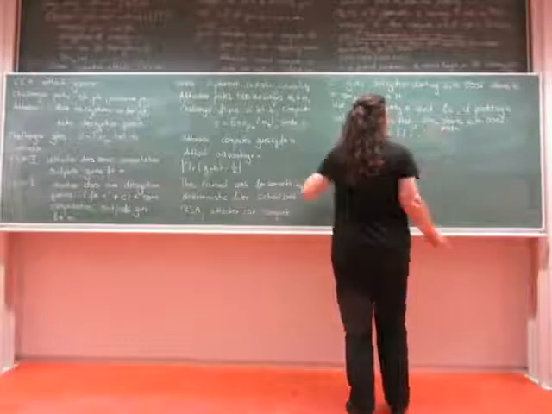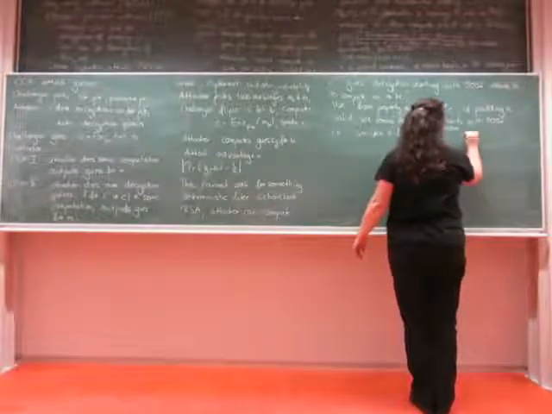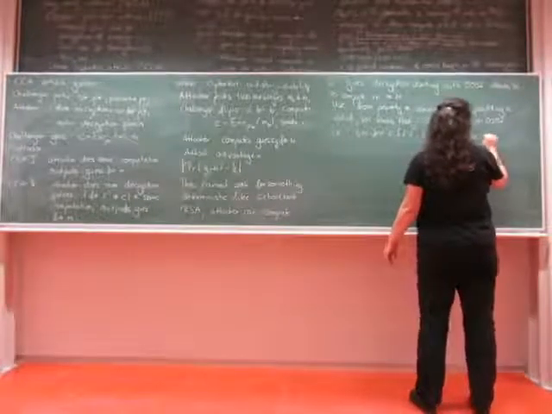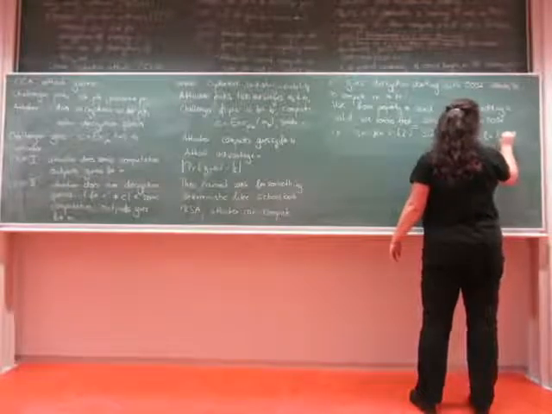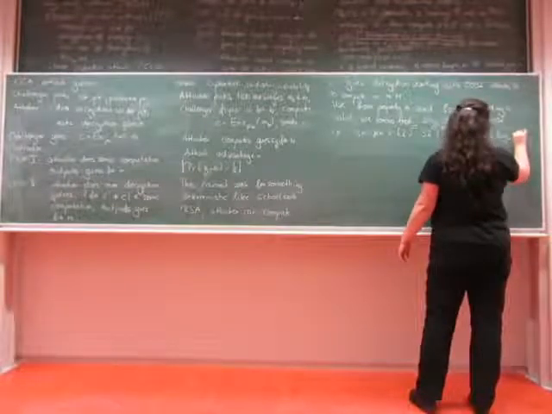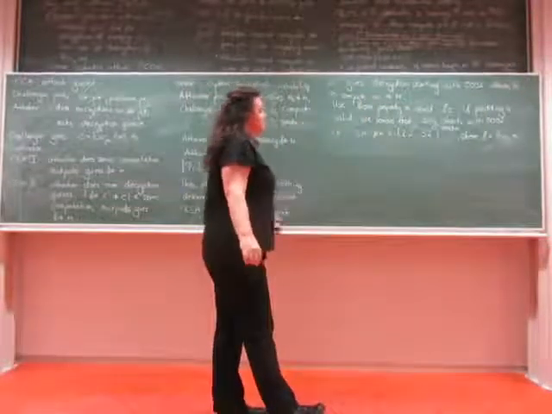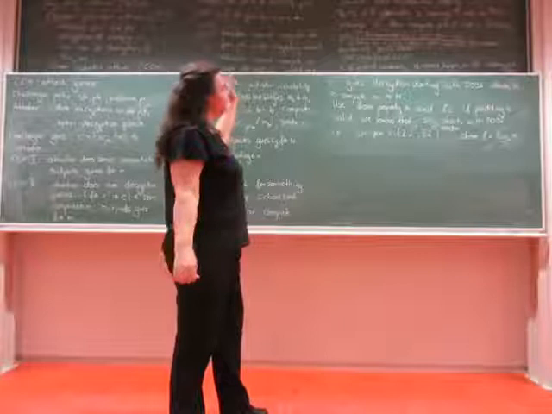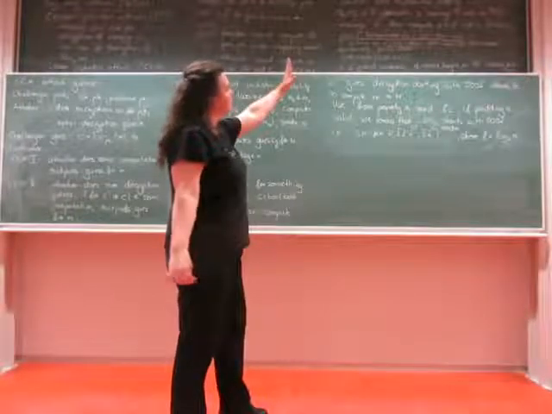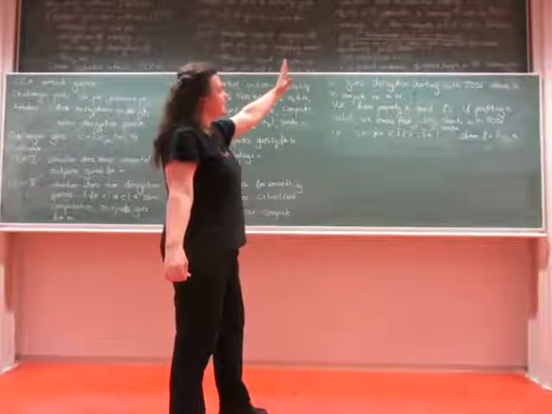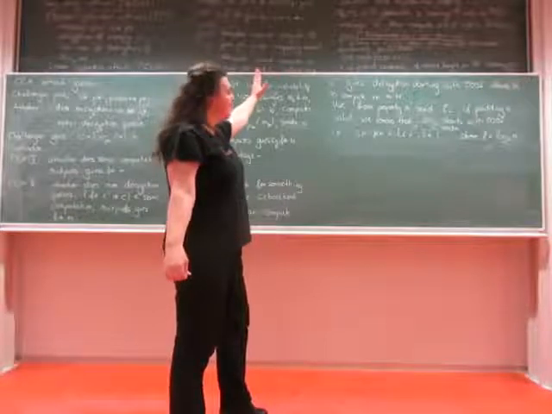So I'll fill in something here in a moment, where L is the log of n base 2. And then we have, well, 16 positions less, so it's L minus 16.